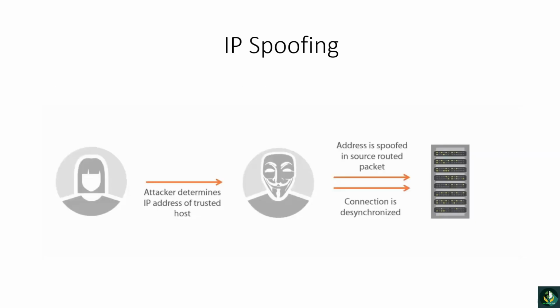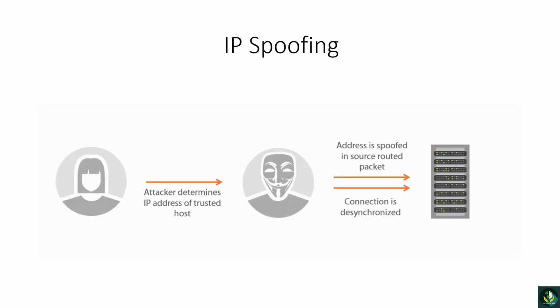So here is the TCP level session hijacking attack. We are going to look at IP spoofing. Now, IP spoofing is the attack that doesn't need to guess the sequence number or get into the middle of the communication, because there's not necessarily a connection already open with the target machine.